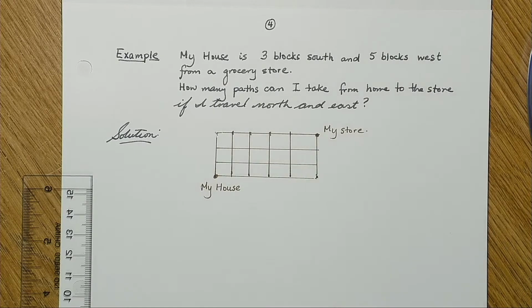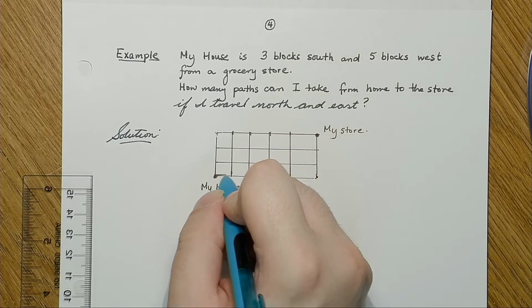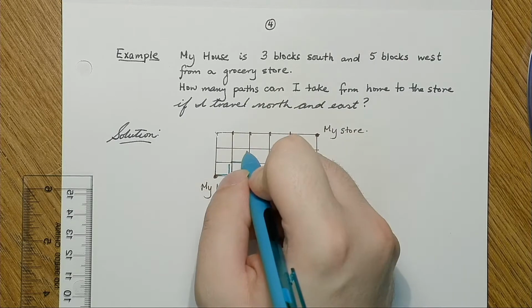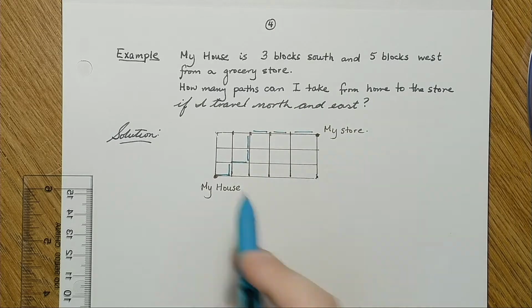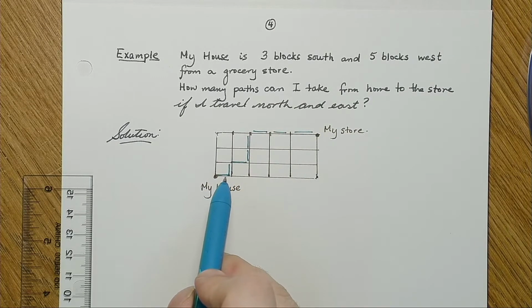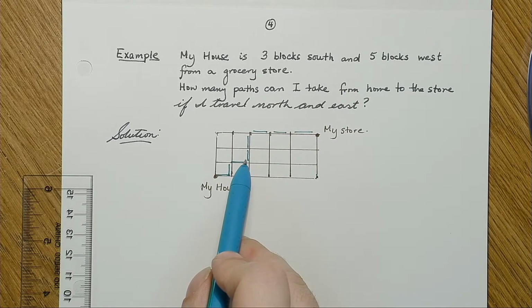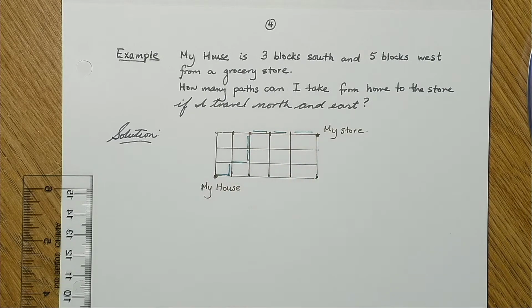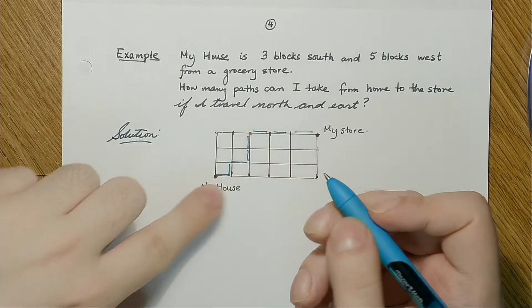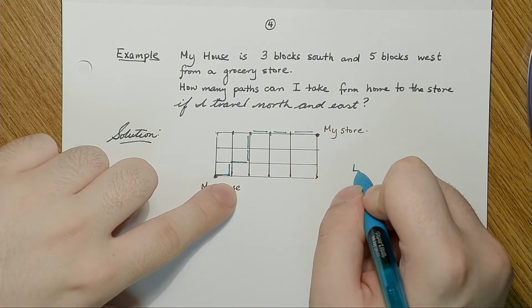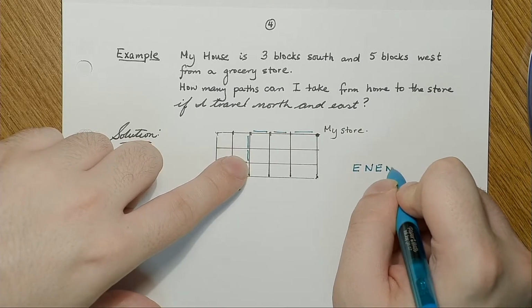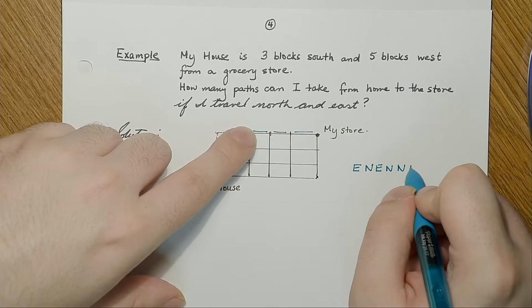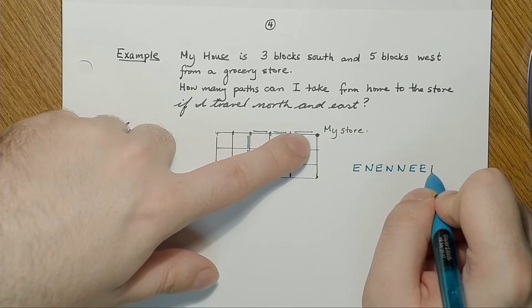I could go like this. That's an acceptable path because I'm going east, north, east, north, north, east, east. Let me write that out. So what I've done here is I've gone east, north, east, north, north, east, east, east.